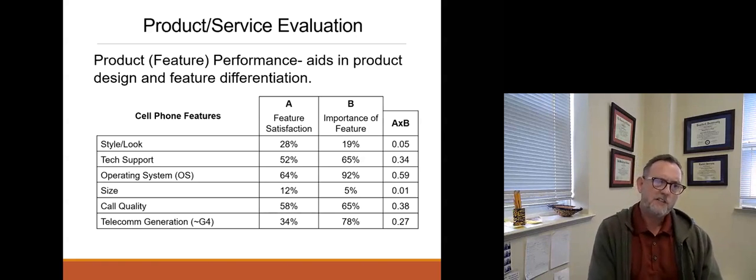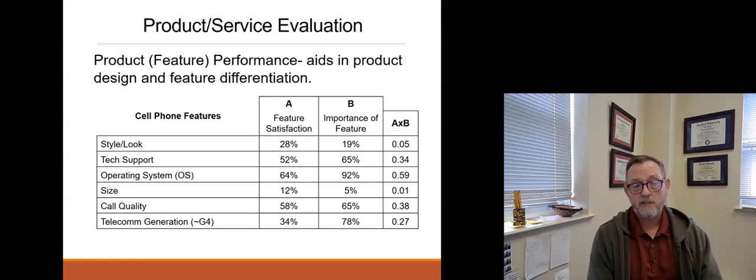So here's a list of cell phone features: style, look, tech support, operating system, size, call quality, and telecom generation. So if we have a 5G network capability, then the phone will probably be better than a 4G type of phone.